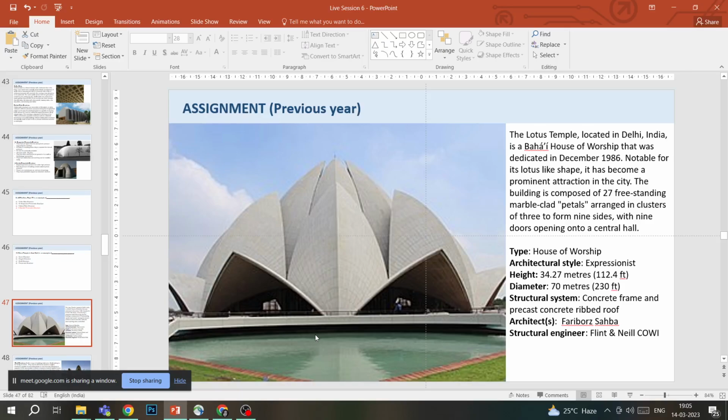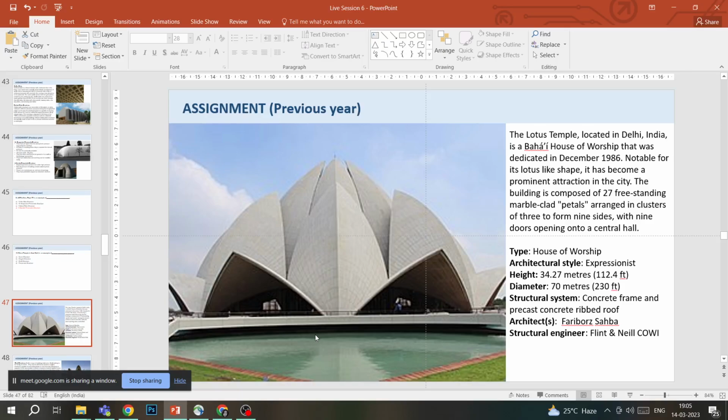The building is composed of 27 freestanding marble-clad petals, arranged in clusters of 3 to form 9 sides, with 9 doors opening onto a central hall.